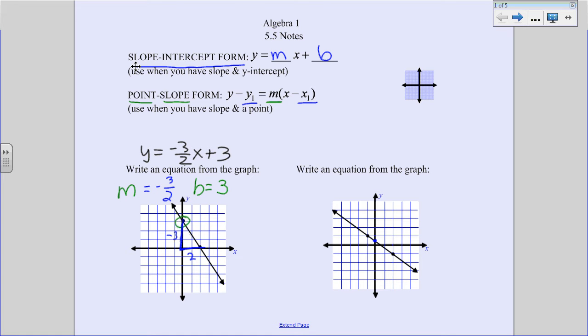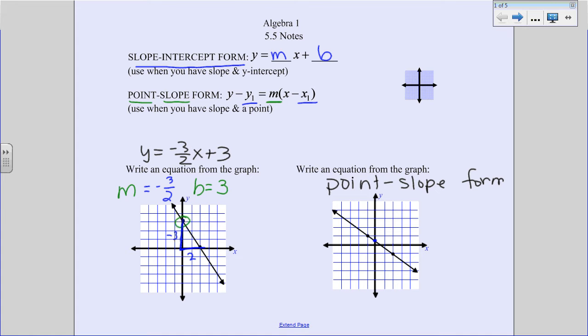Because it's half. Yeah, it looks like a half. It's not exactly a point, is it, Jackson? No. And so we need to be exact. So this is an example where we're going to want to use point-slope form.